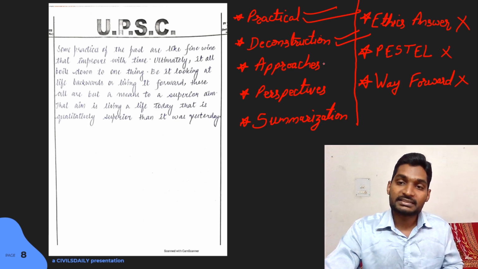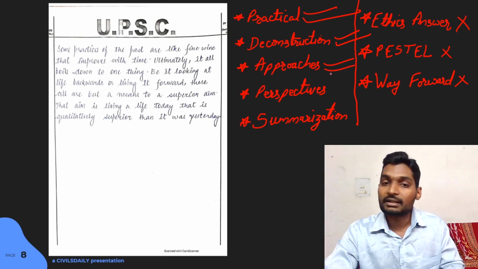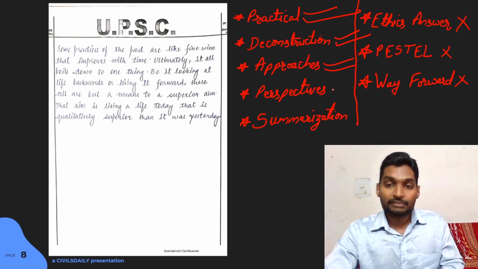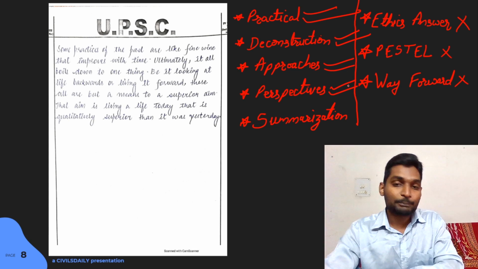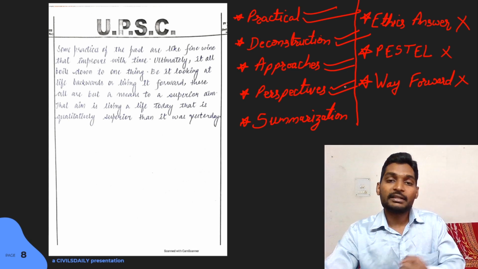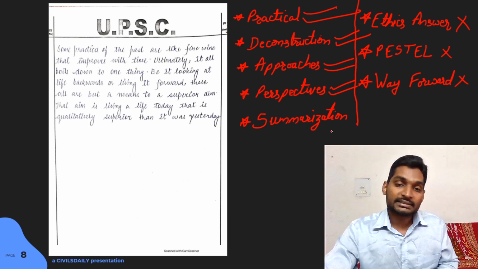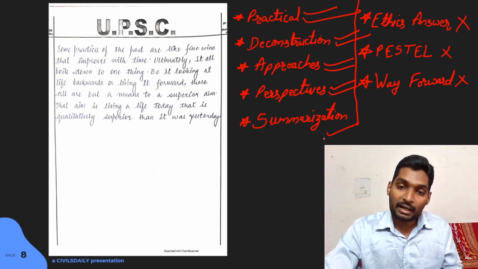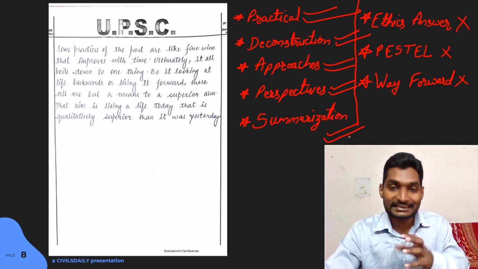Third, we have discussed various approaches: layers approach, entities approach, stakeholder approach. Next, we have discussed the importance of perspectives, the importance of negating the very proposition given in the title. Next, we have discussed the concluding part, summarization, exactly how you need to conclude your essay.